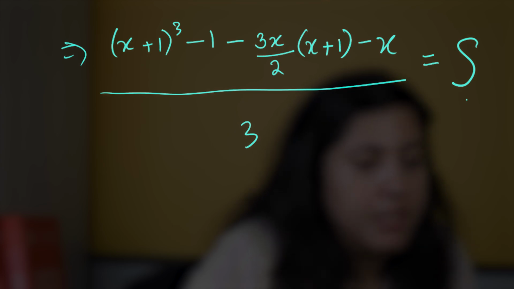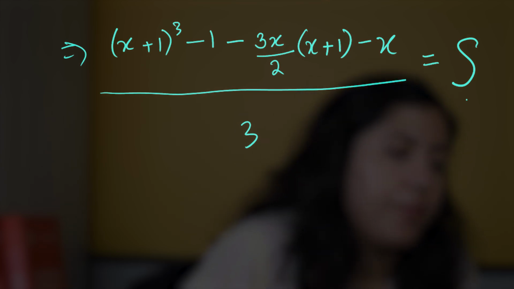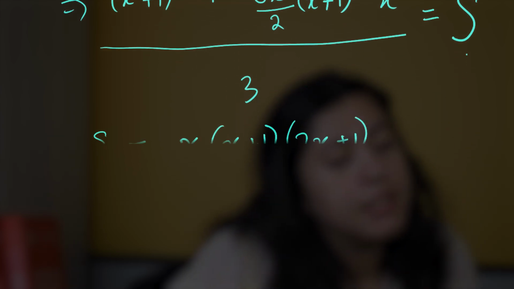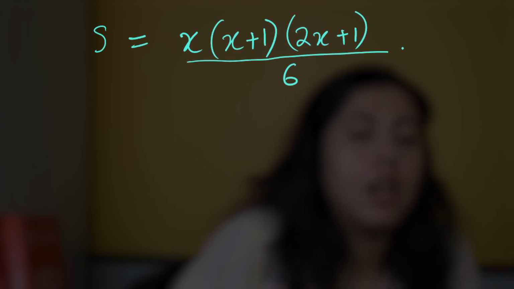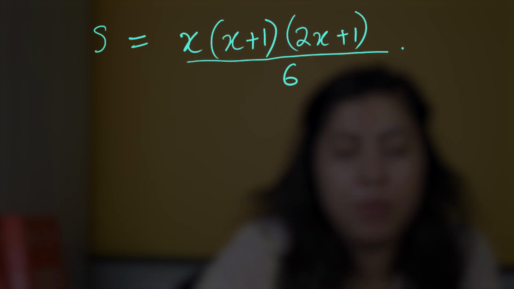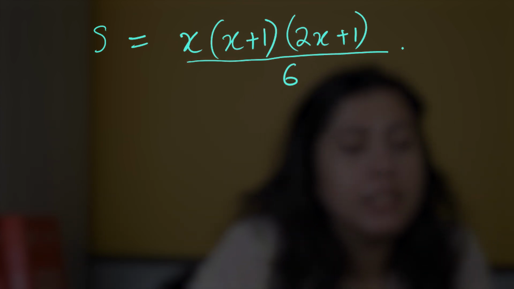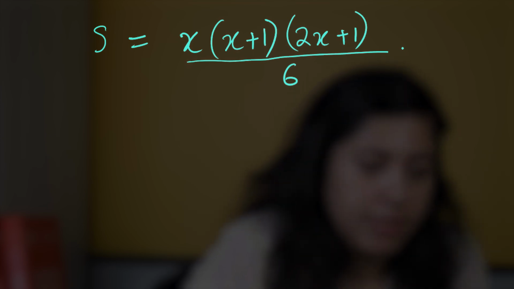And if we simplify this, we get x into x plus 1 into 2x plus 1 divided by 6. So that's how we can find the sum of squares of first x natural numbers.